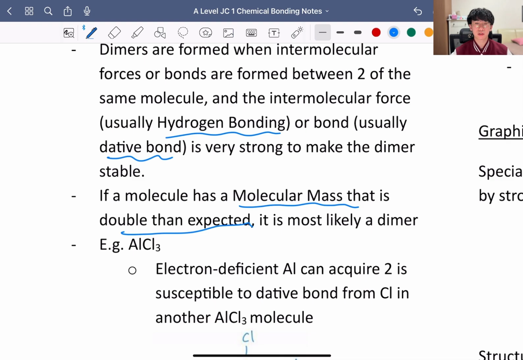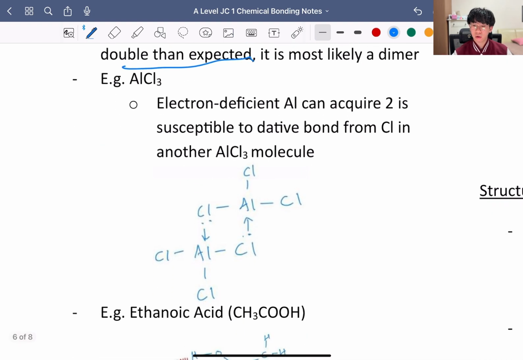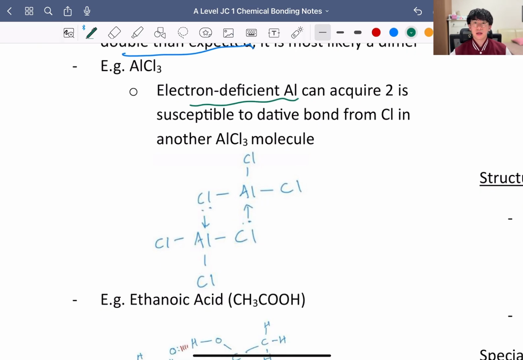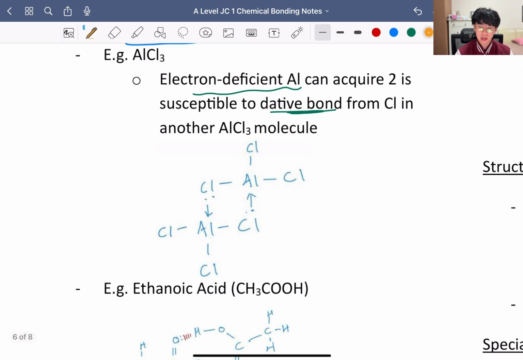So an example is AlCl3. My Al over here is electron deficient, and because of that, it can acquire 2 electrons, and lo and behold, the almighty dative bond has shown itself, right? So this is where dative bonds are important. The chlorine from another molecule will just do a dative bond. So you can see that I represent these. These are the dative bonds, right?